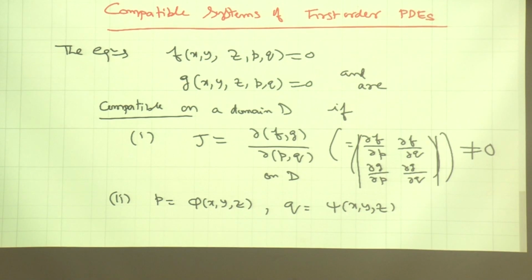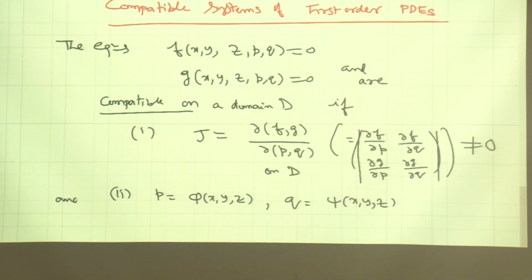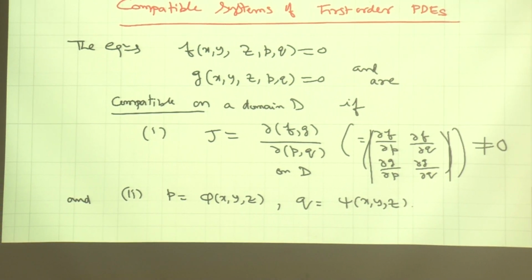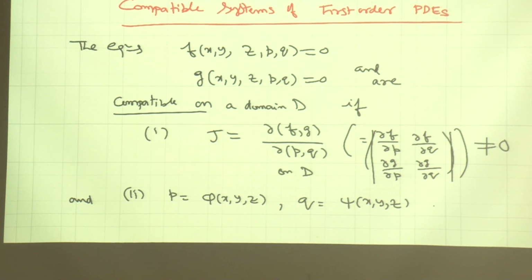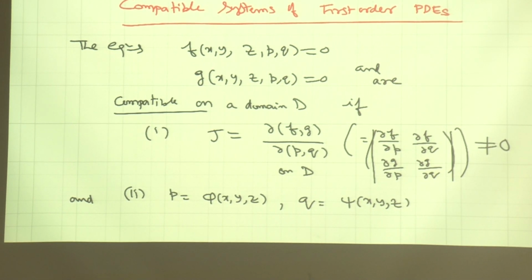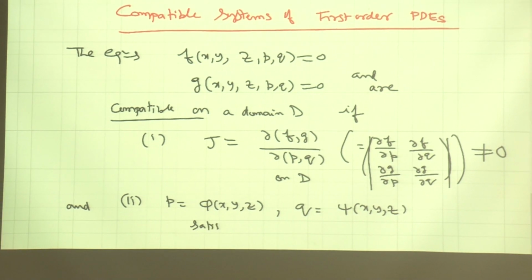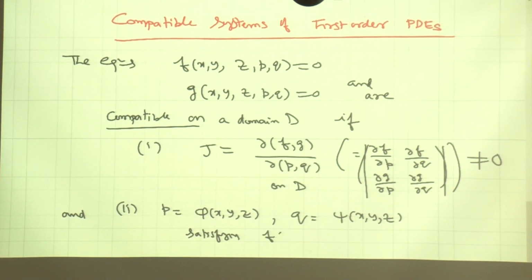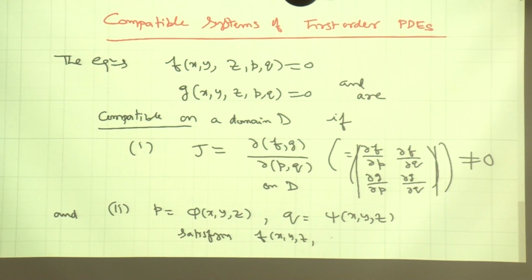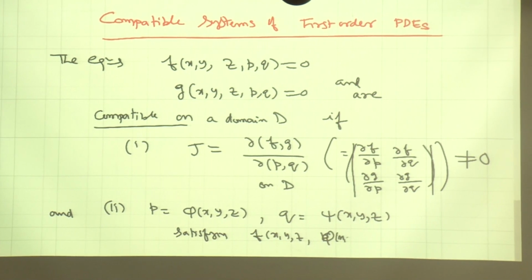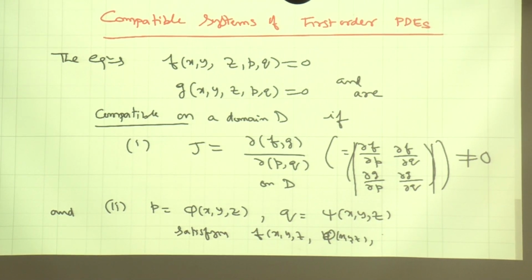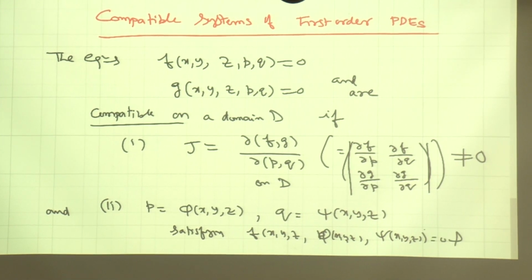See, the way they write is P is equal to this, Q is equal to this. They are coming from actually these solutions, that means satisfying f of x, y, z, phi of x, y, z, psi of x, y, z equal to 0, and g of the same arguments equal to 0.